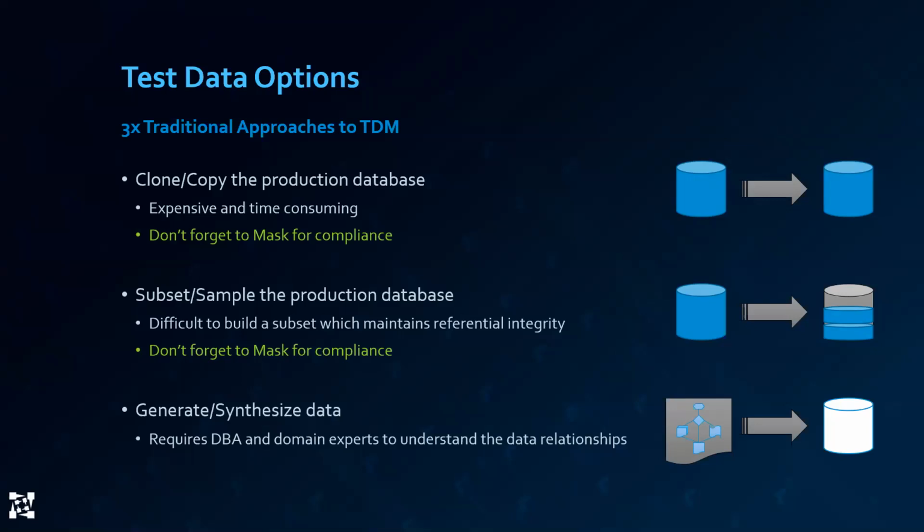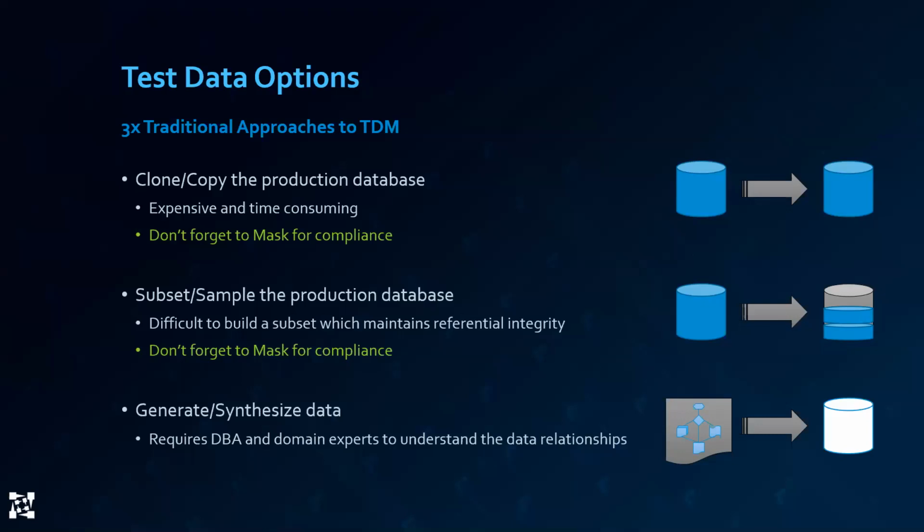But this is really difficult from a technical perspective because you have all sorts of referential integrity, making sure that different data tables link together and making sure that for the use cases that you're trying to cover, you have all of the correct data. And it takes a pretty keen mind to understand all of the different pieces that we need for that. And of course, it's still production data, so you have to think about masking for compliance.